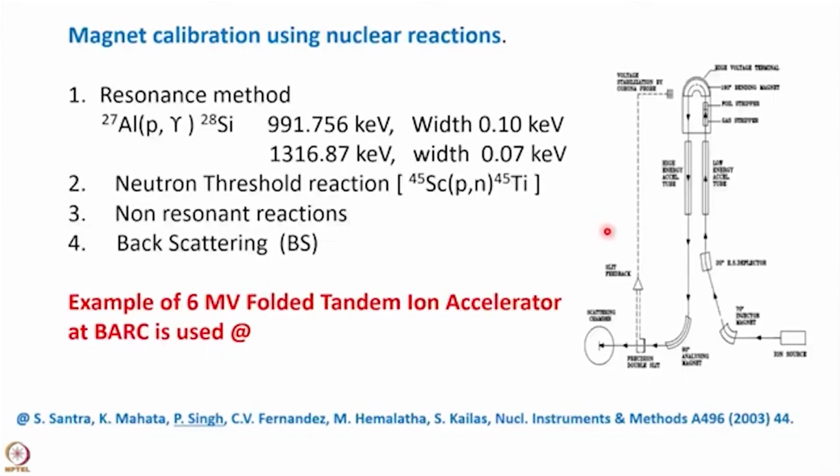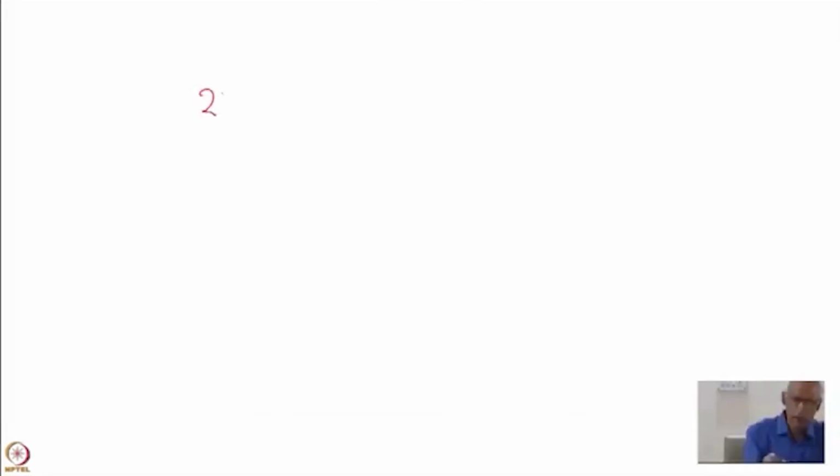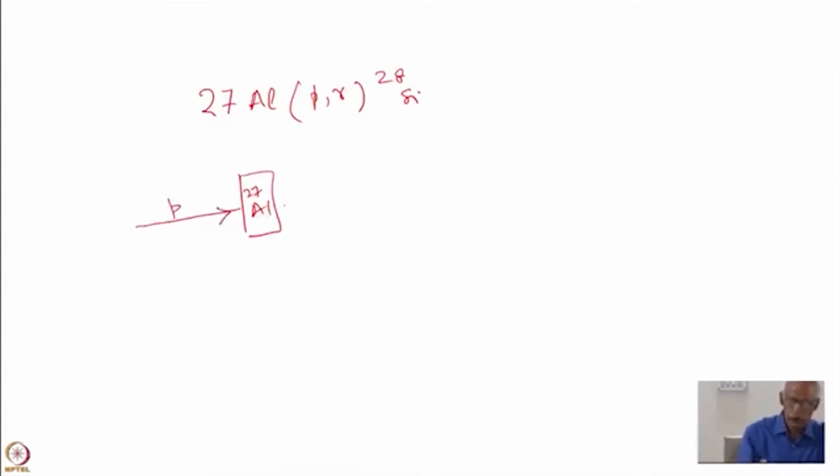Resonance means, here, see, basically what we are talking about, let me explain: aluminum 27 p gamma going to silicon 28. That means we have a target which is aluminum 27, and a proton beam is coming, and then at the output, first the silicon will be formed in excited states.